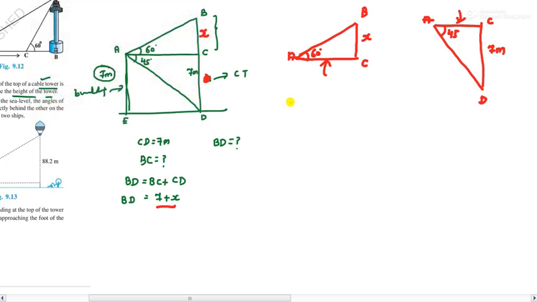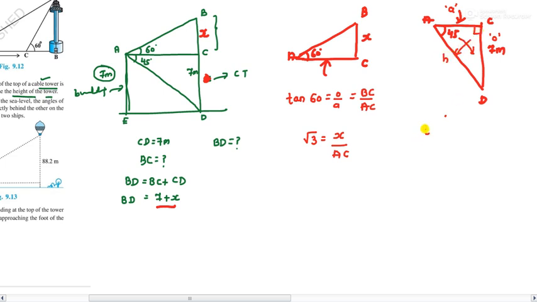Using the first figure, we have tan 60 equal to O by A, which is BC by AC. Tan 60 is root 3, BC is X, AC is unknown. So let me keep it as it is. Coming to the second figure, since A is the angle, this is opposite and this is adjacent, because 90 degrees here, so this will be hypotenuse.